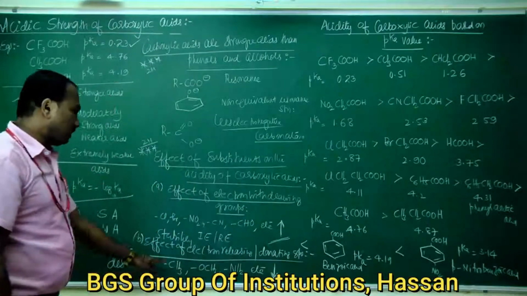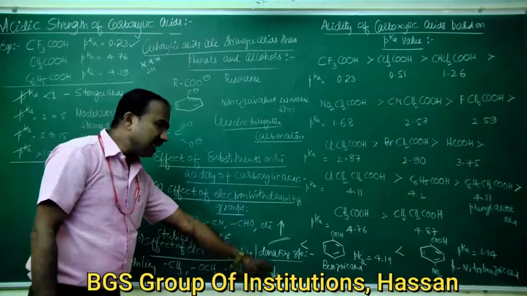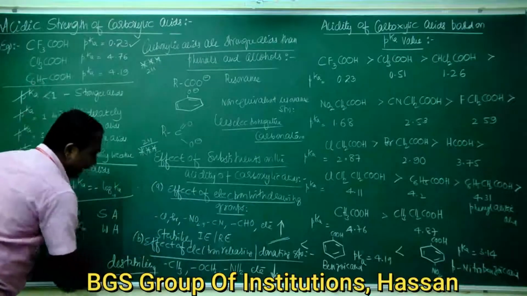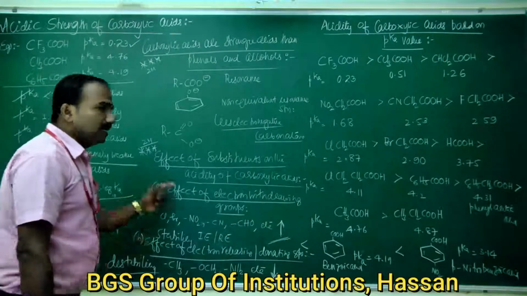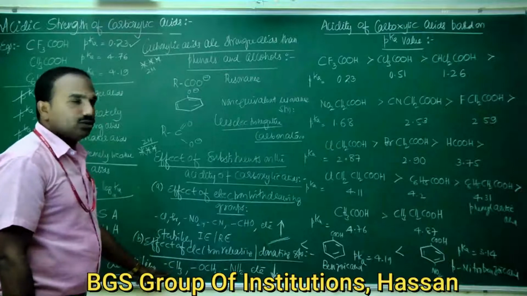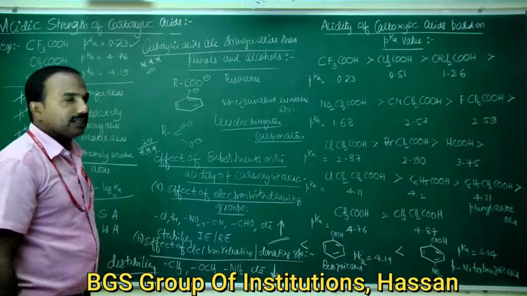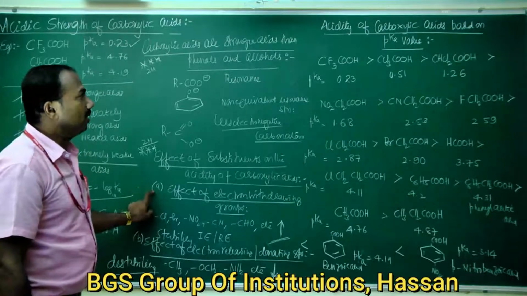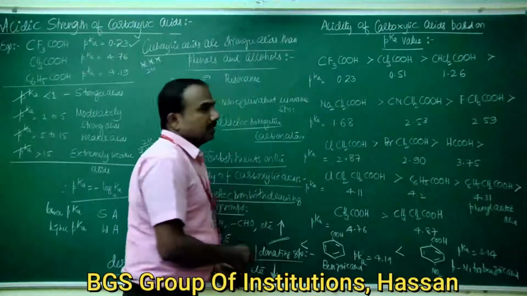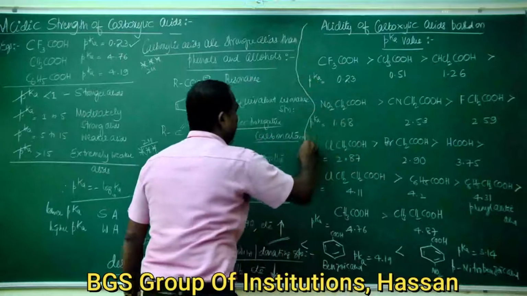Electron releasing groups such as methyl, methoxy, amine, etc. decrease the acidity of carboxylic acid by destabilizing the conjugate base through delocalization of negative charge by inductive effect or resonance effect. So this is important. Okay. So next is the acidity of carboxylic acids based on pKa value.